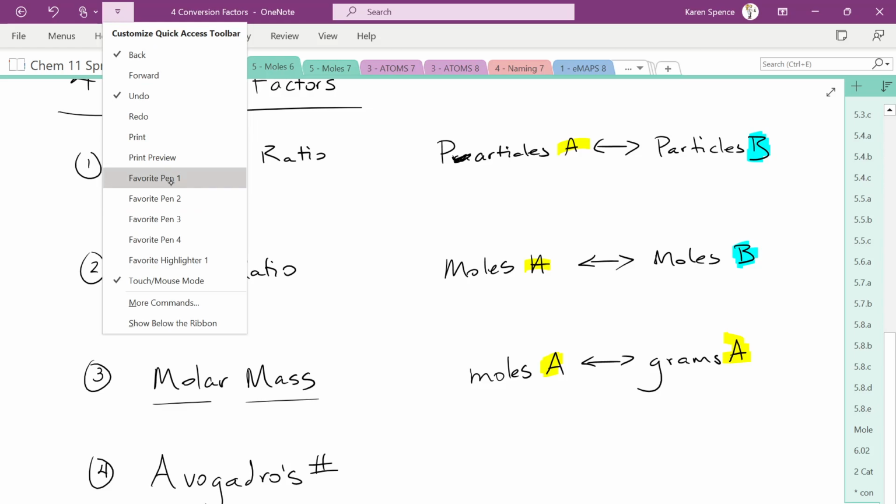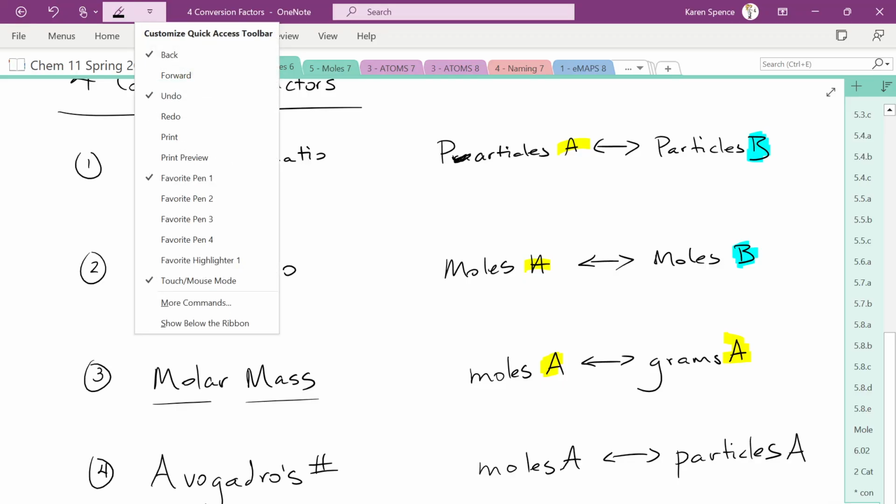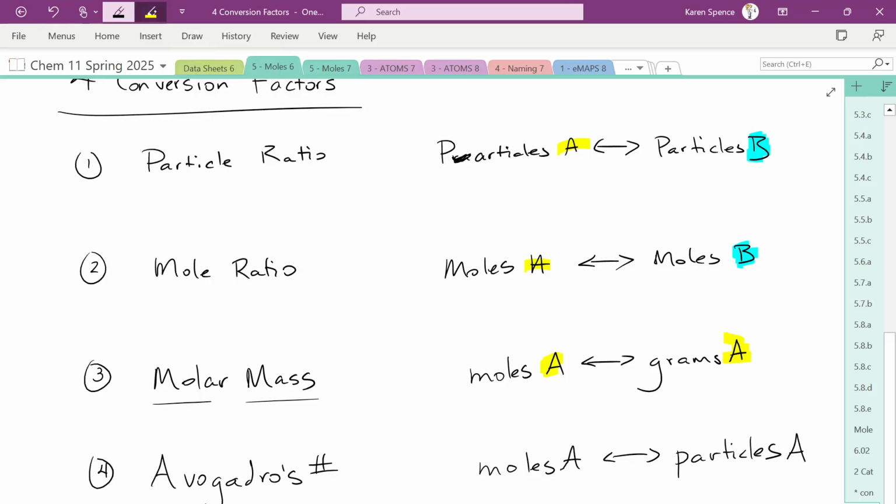And Avogadro's number, what do we use Avogadro's number to convert between? Moles and particles. And again, this is moles of A and particles of A.